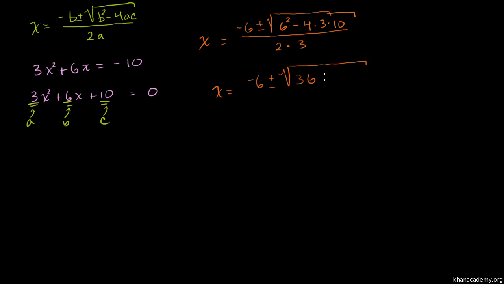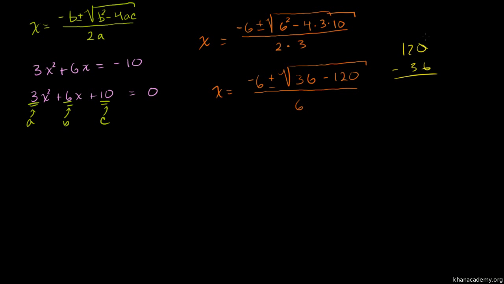So this is minus 120. All of that over 6. So this is interesting. You might already realize why it's interesting. What is this going to simplify to? 36 minus 120 is what?